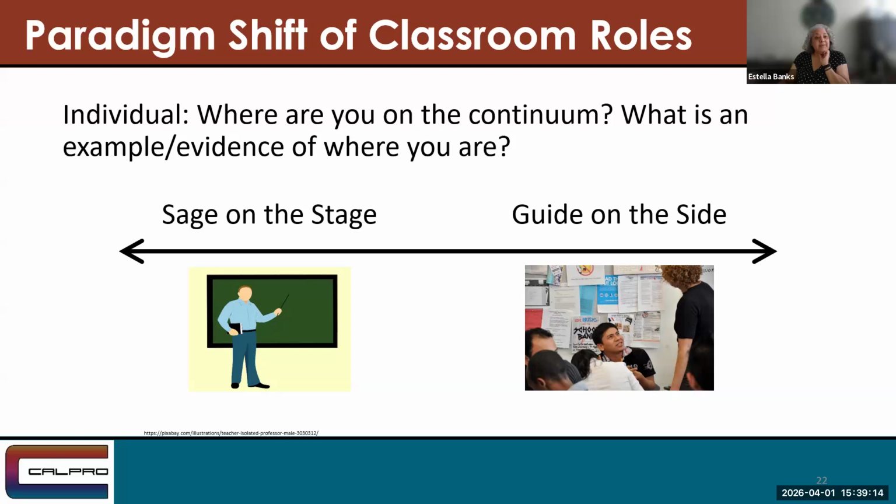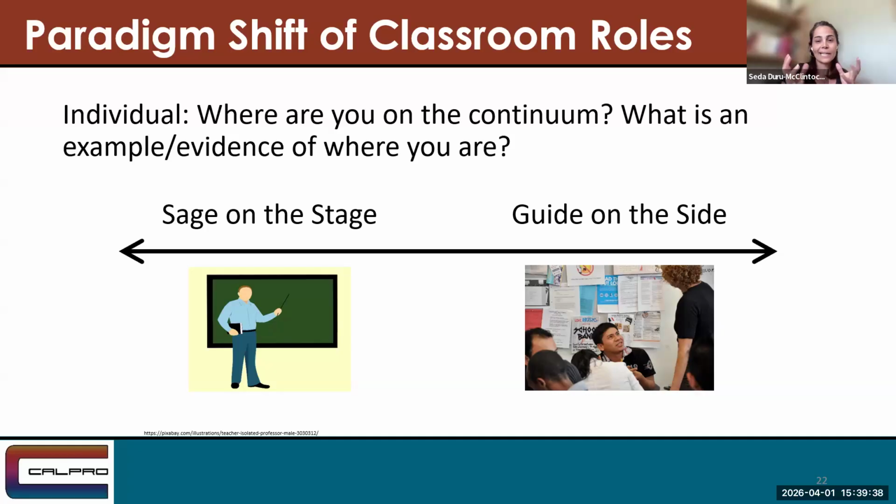I see Seda has her hand up. Yes, okay. So, when I see this picture, it makes me think I am in both sides, depends on what I'm teaching, because sometimes I need to be sage on the stage, especially while I'm teaching grammar, and guide on the side when I'm doing pair work activities, group activities.